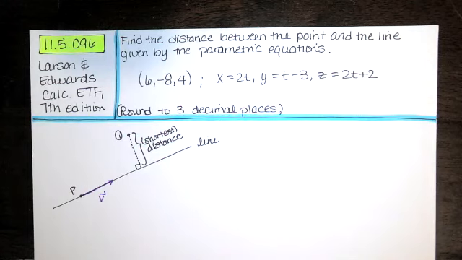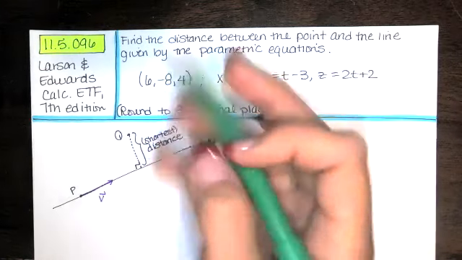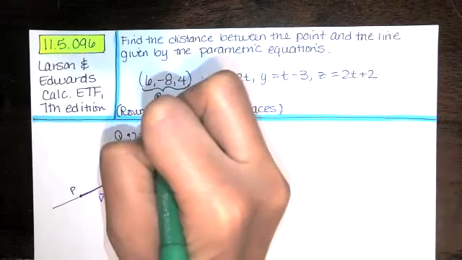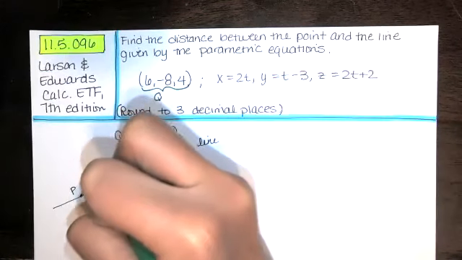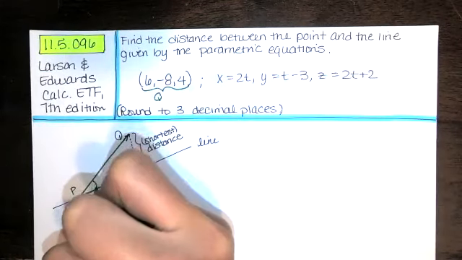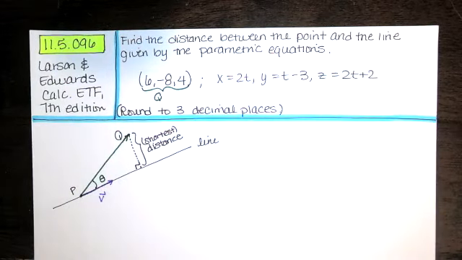If you're asking yourself how, well, if I can find P and I know the point Q, this is our Q in this particular example, I can draw a vector from P to Q. Then the angle between the vector PQ and the vector V is called theta.